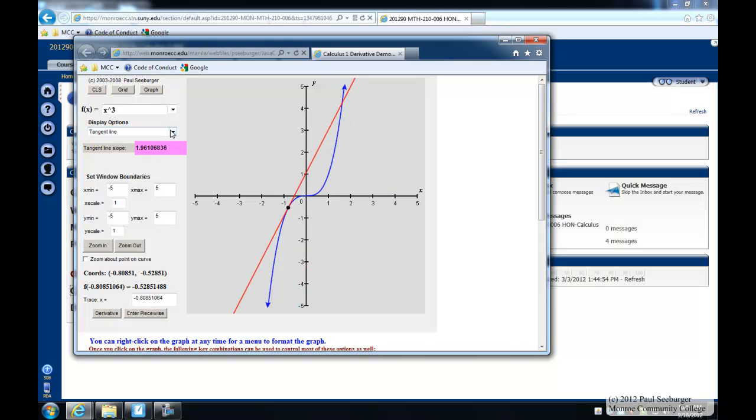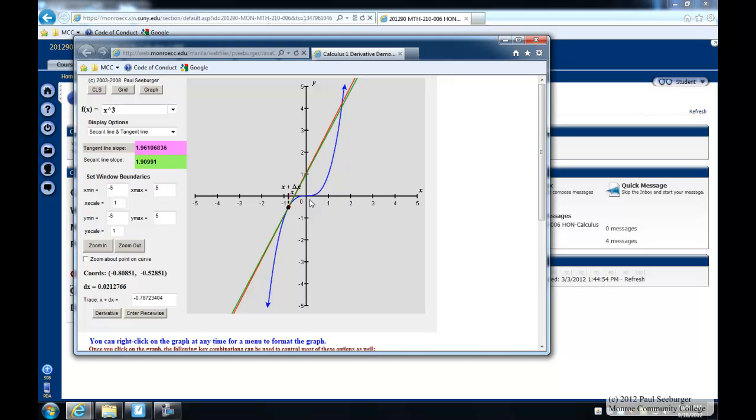Now, another thing I can show you up here is the secant line and tangent line idea. We talked about how as we move that secant line closer to the tangent line, our secant line slope, the green slope here, approaches the one in the purple box. So we have 1.96 for the one in the purple box, 1.909 for the one in the green box.